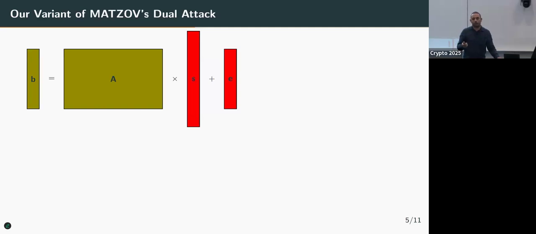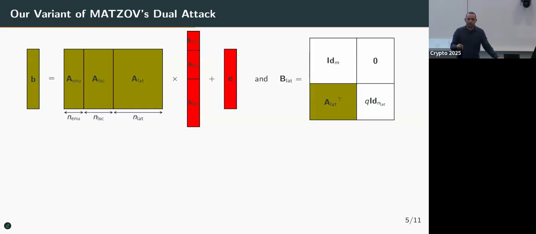Let's recall the equality behind the LWE problem, which is B equals A times S plus E. First, up to a permutation, we divide the matrix A into three submatrices, A NU, A LSC, and A LAT. Using the A LAT part, we build the matrix B LAT, which is a construction A of A LAT transpose.